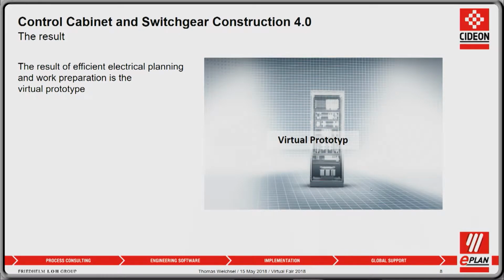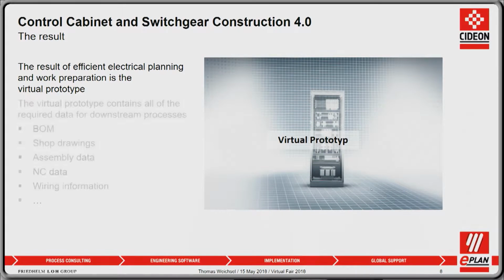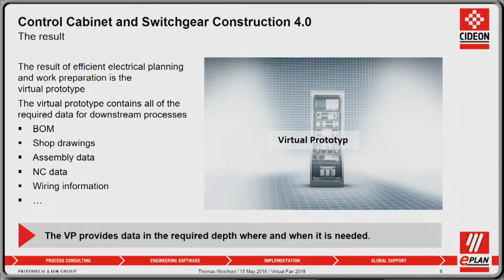We call this the virtual prototype. The virtual prototype is a 3D model containing all information necessary: bill of material, shop drawings, the assembly data to do pre-confectioning, for example, of terminal strips, NC data so that you avoid the manual programming of your machines in every order.